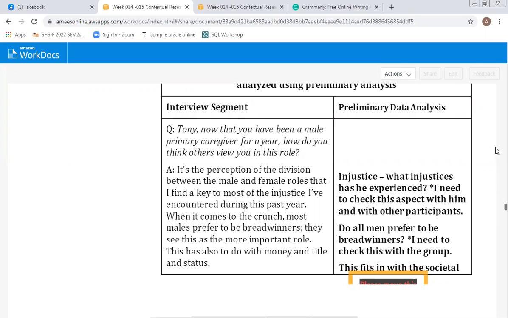Ayun. Sabi ni Tony, kapag daw caregiver ka, medyo may social injustice. Oh, kasi daw, parang panlalaki na to, pambabae pa na trabaho.